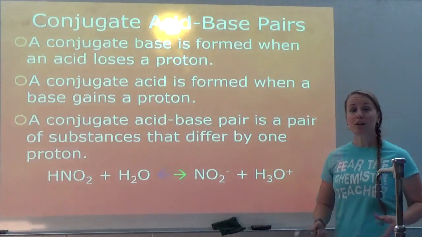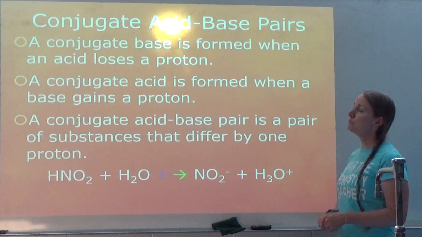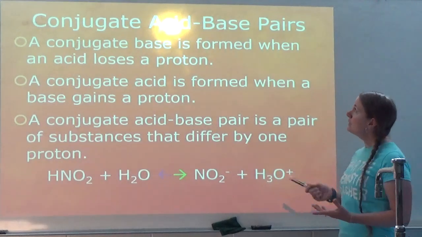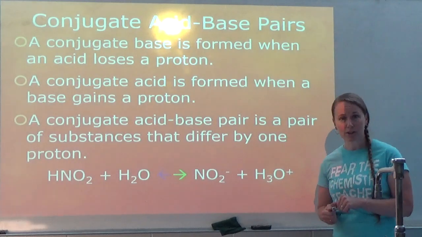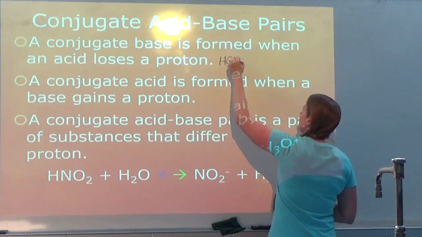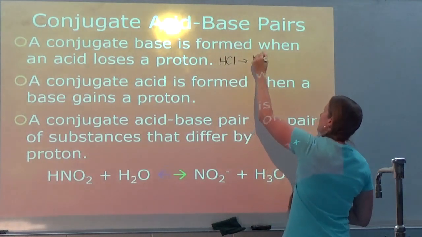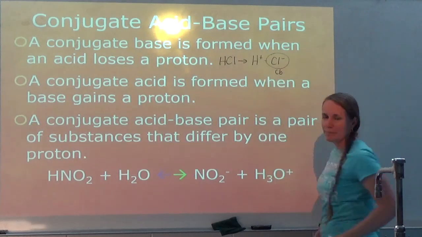All right, so now let's talk about these conjugates. Again, we covered this in honors, but you might need a little review. A conjugate base is formed when an acid loses a proton. So for example, if I have HCl and it loses that H+, the Cl- would be my conjugate base.